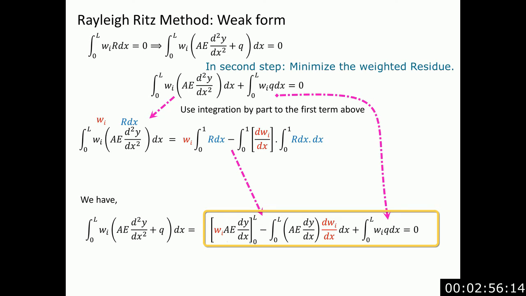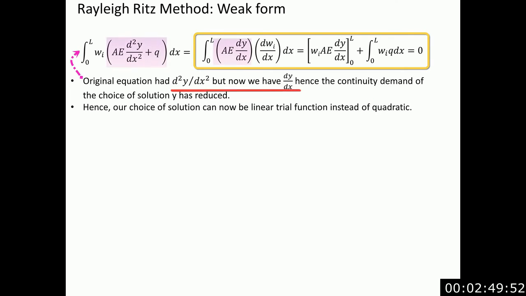Integrating the first term by parts, the second order derivative is reduced to the first order derivative. This is known as the weak form of the Rayleigh-Ritz method. So, the assumed linear solution will fit the first order differential equation.